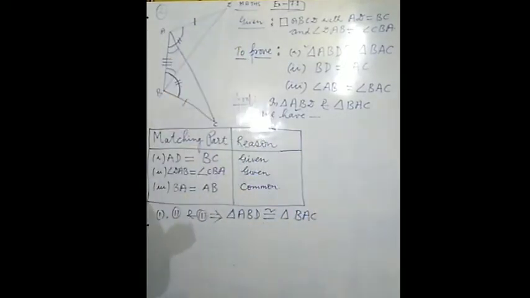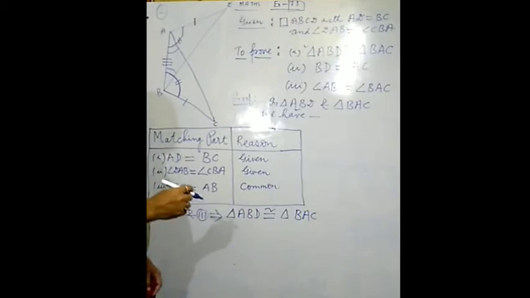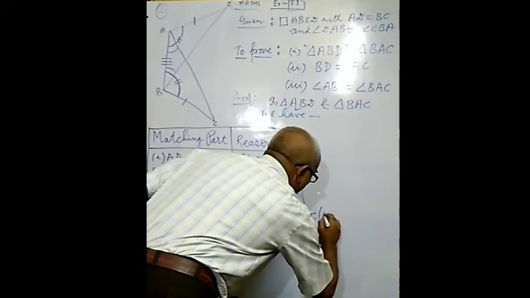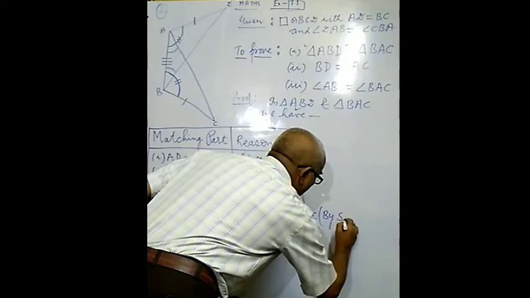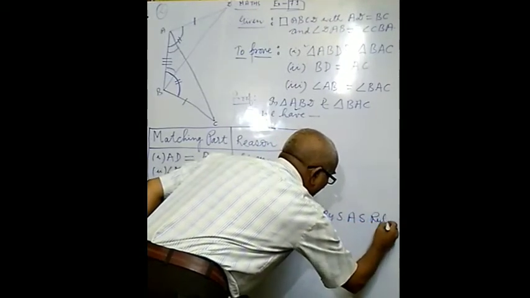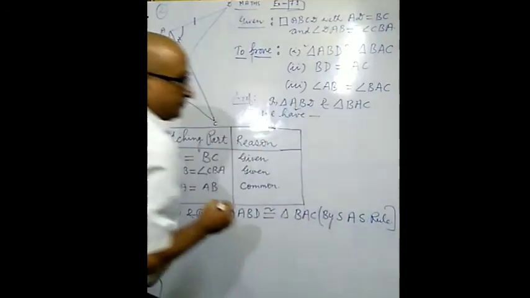Which property is applied here? Side, angle, side. By the side, angle, side rule. So here we have to note down: by side, angle, side rule, either rule or criteria.